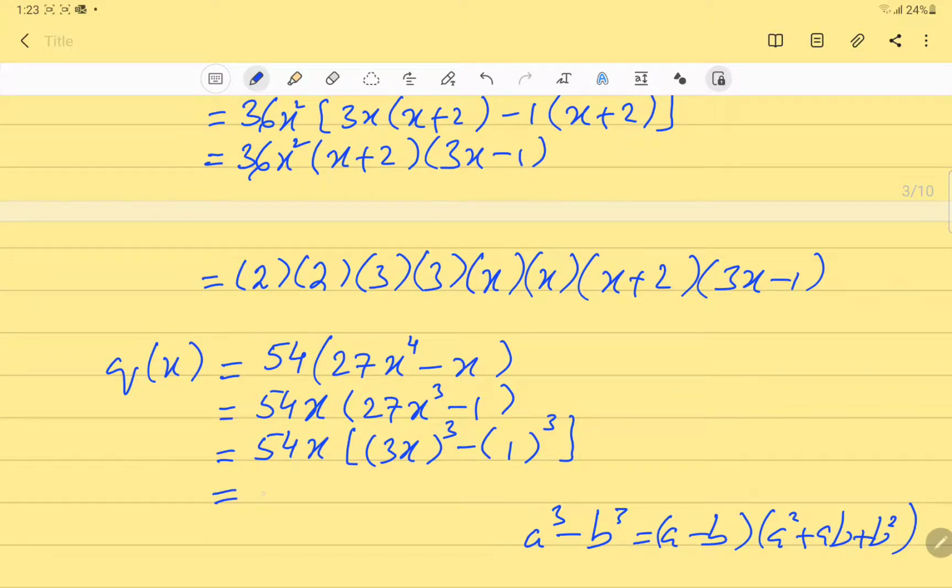Now using this formula we can write 54x into (3x minus 1) and then, first we have to write the square of 3x, which is 9x squared. Then we multiply these two, so 3x into 1 is 3x, and then square of 1, which will be 1.